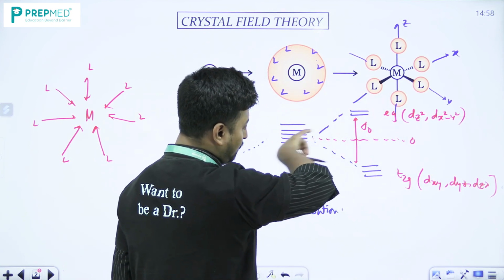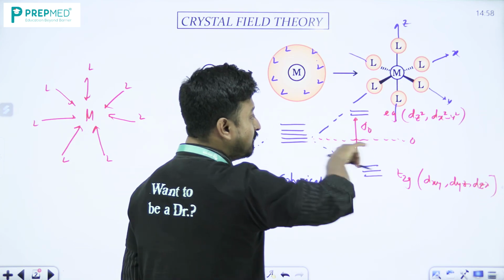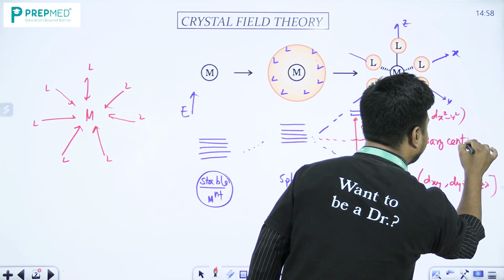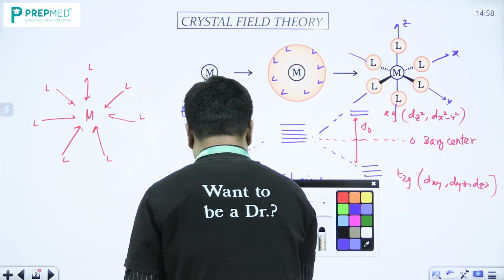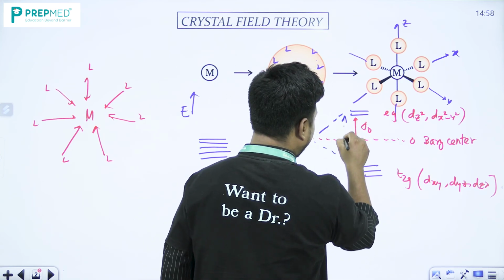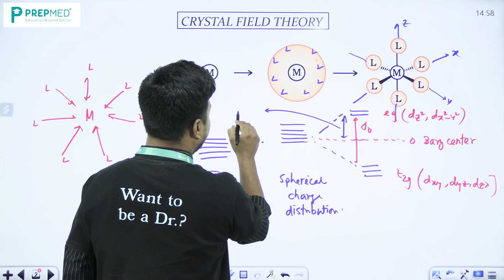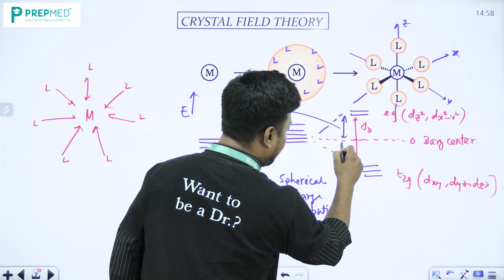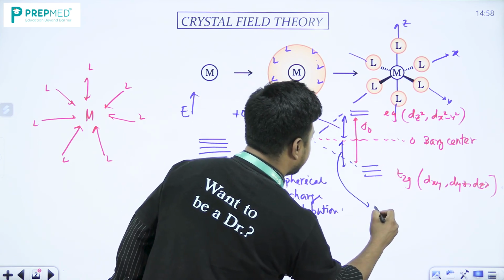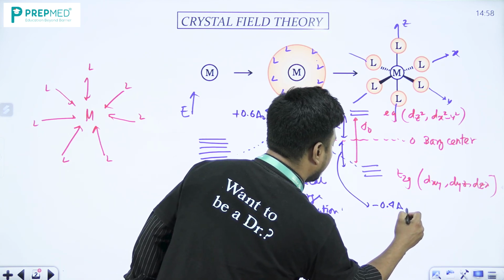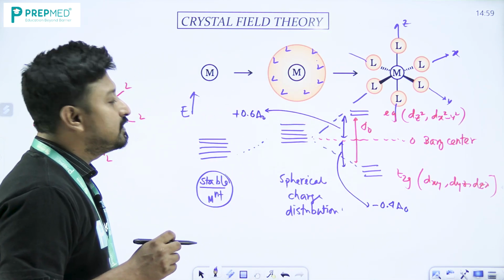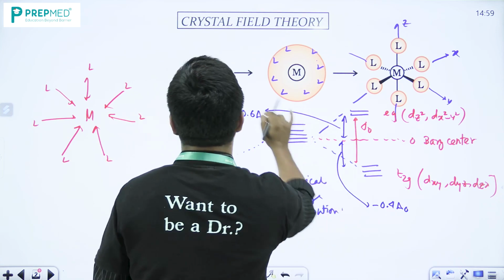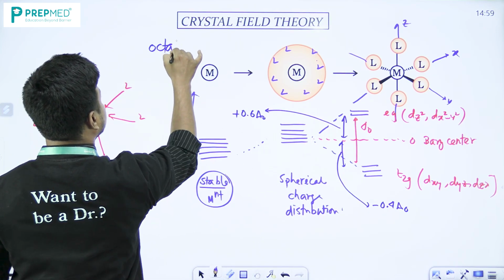If you draw a center from the excited spherical charge distribution, this center is called the barycenter. And one last thing: the first gap has a value of plus 0.6 delta O, and the gap from the zero level to T2G is called minus 0.4 delta O. This is called octahedral splitting in crystal field theory, so I am writing here the term octahedral splitting.